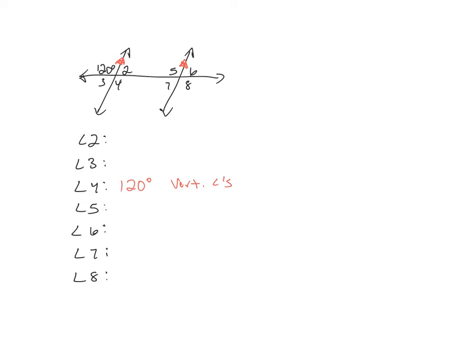And then you could say that angle 5 is 120 degrees because of corresponding angles. So the 120 is on the top left-hand corner and the angle 5 is on the top left-hand corner. Okay, so if angle 5 is 120, then angle 8 is 120.